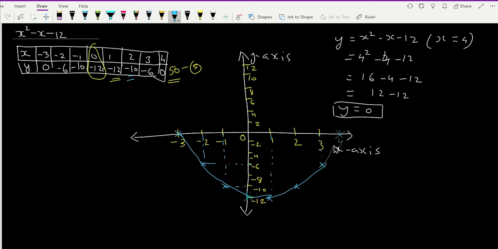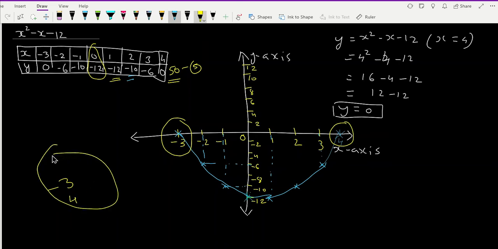So this is our graph. Here you can see we are getting 2 zeros. So this is minus 3 and 4. These are the 2 zeros which we are getting. So the equation has 2 zeros. They are minus 3 and 4.